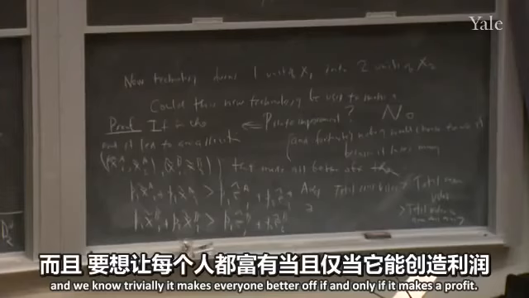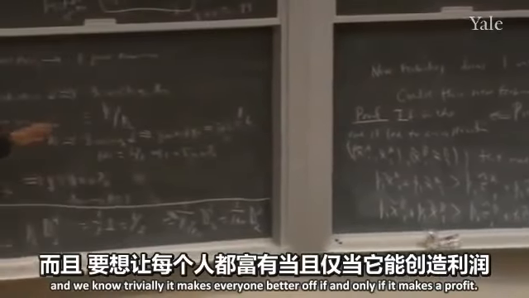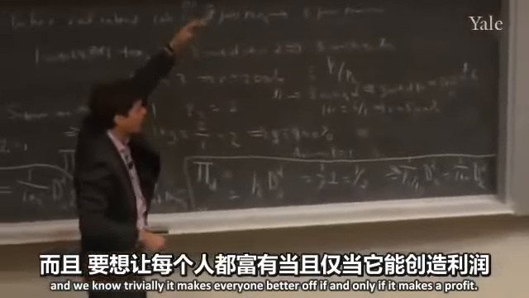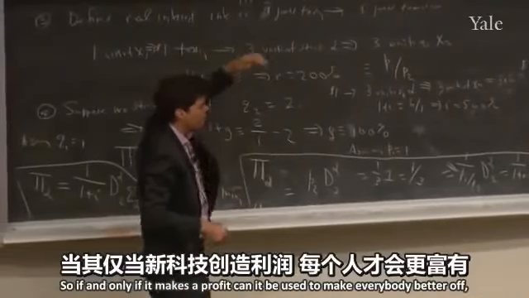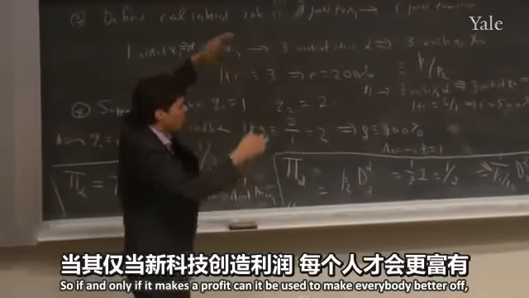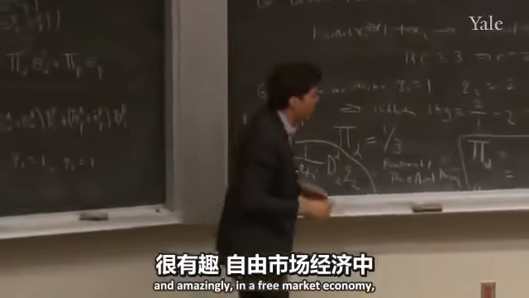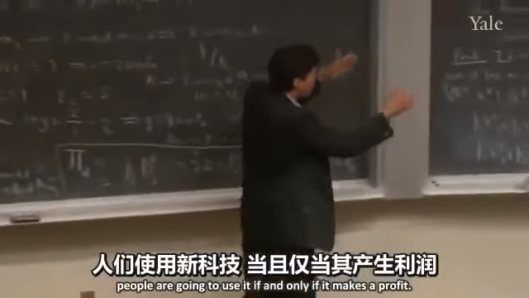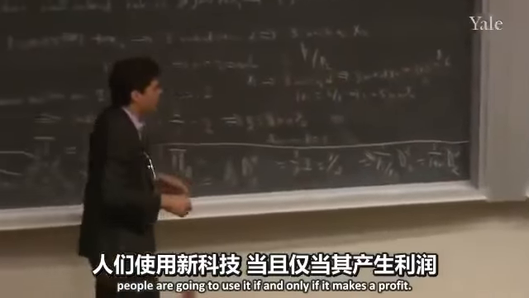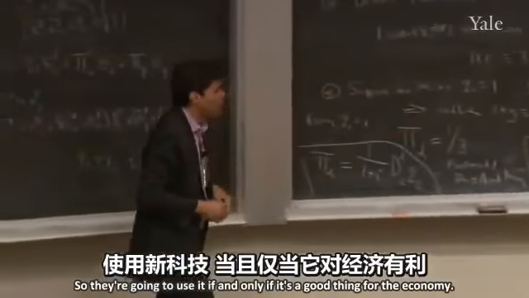And we know trivially that it makes everyone better off if and only if it makes a profit. And amazingly, in a free market economy, people are going to use it if and only if it makes a profit. So they're going to use it if and only if it's a good thing for the economy.